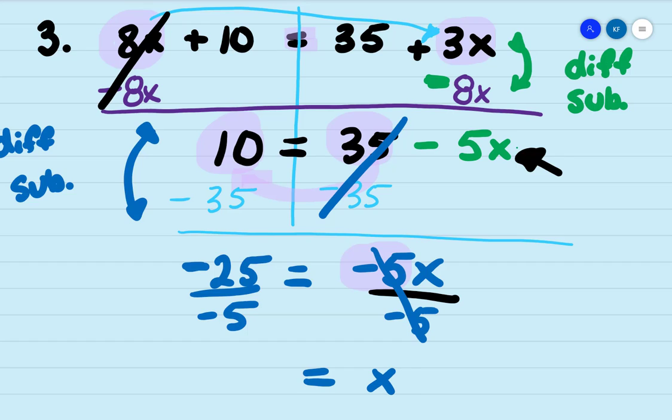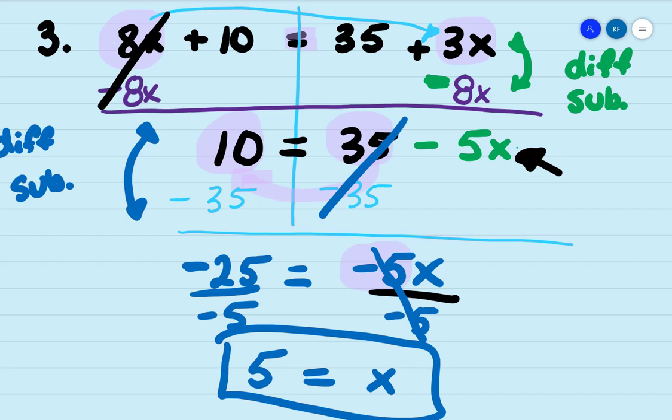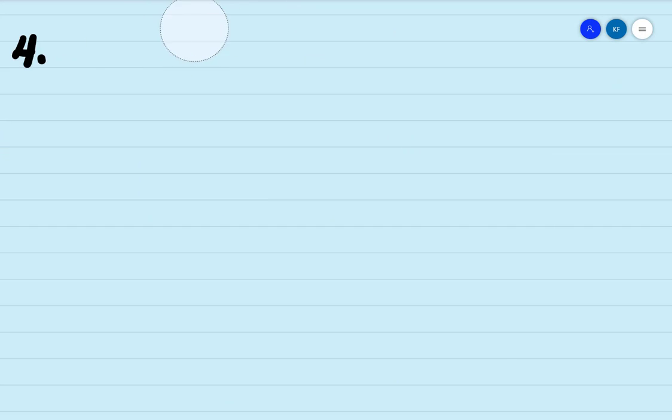So x equals positive 5. Okay, so here's the next one. So number 4.